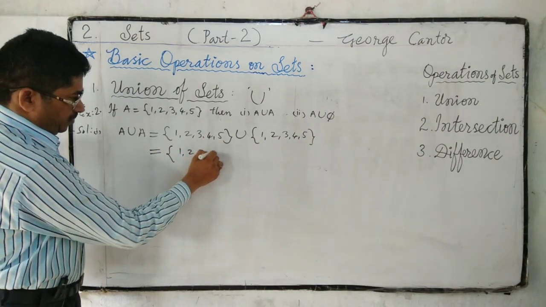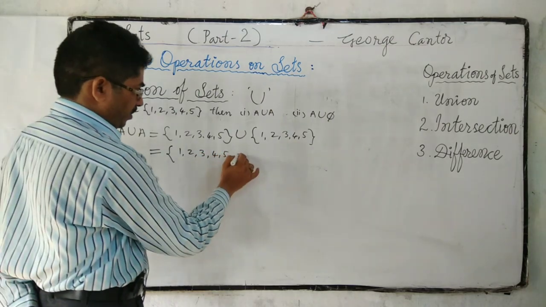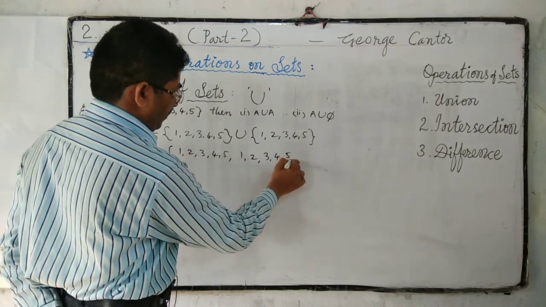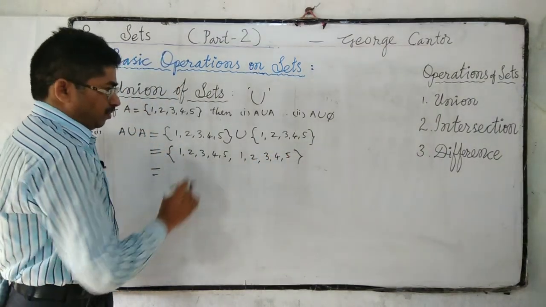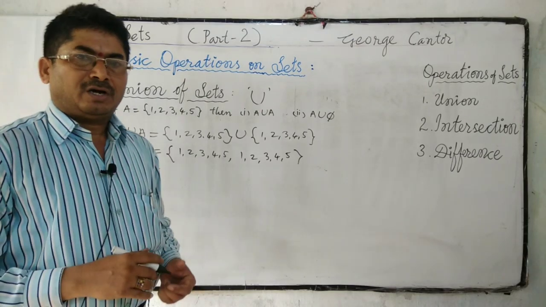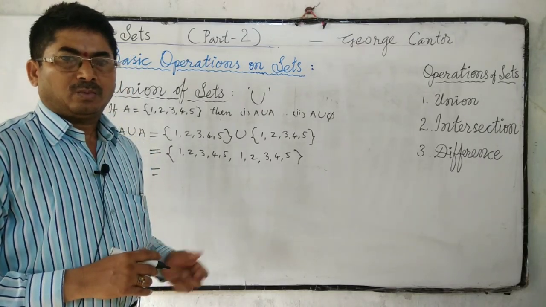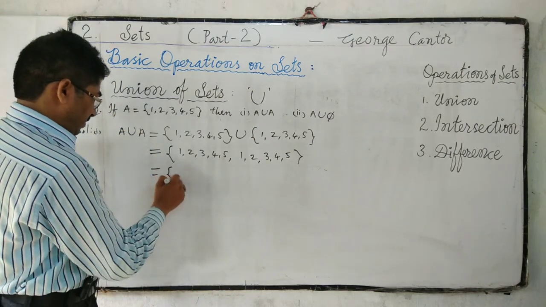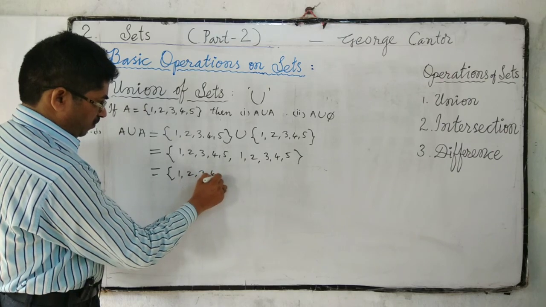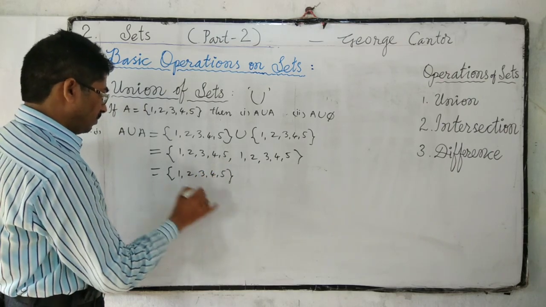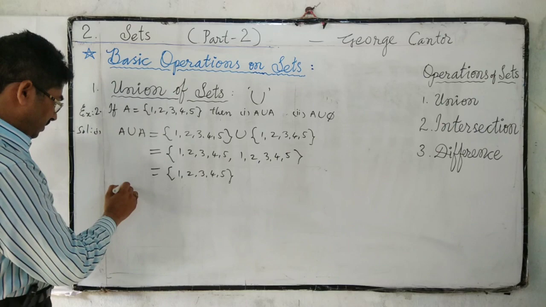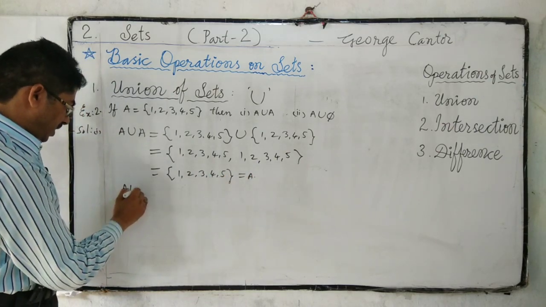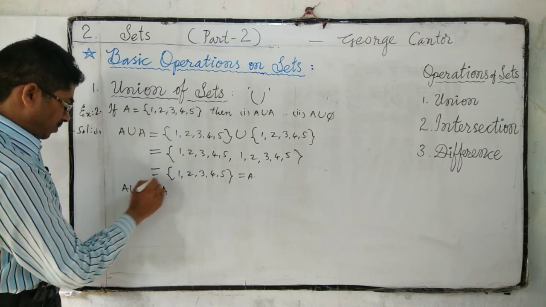We have to write these elements in order and also write them one time only. Don't repeat. So that's why we get 1, 2, 3, 4, 5. That means we got A only. So A union A is equal to A only.